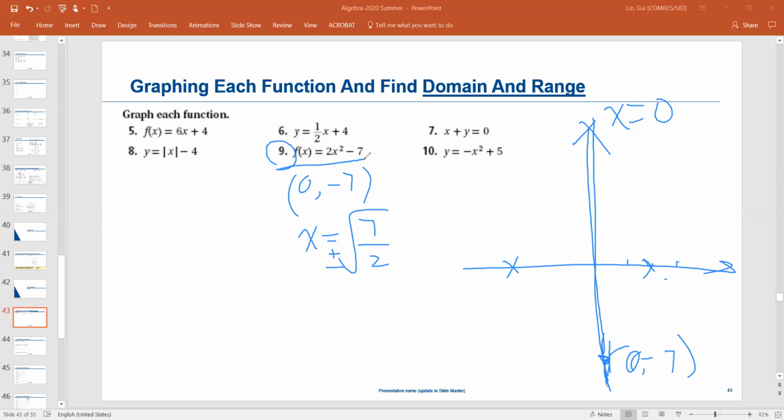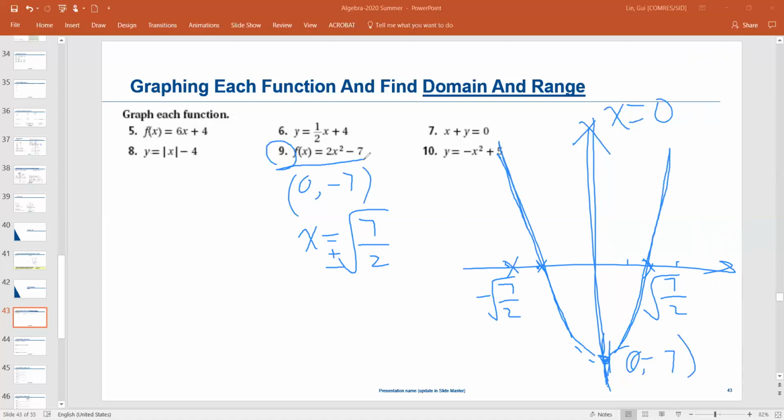So here is the square root of 7/2, and this is negative square root of 7/2, all right? Maybe not so balanced here, so it should be a little bit closer. So the mouth opens up, right? So you guys should be graphing this quickly. I didn't graph so well, but it's close, okay?